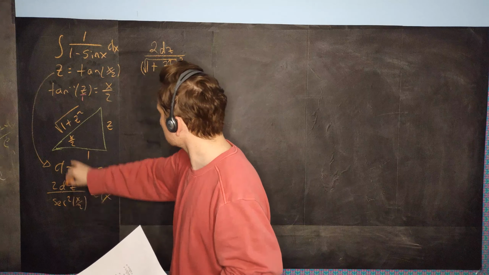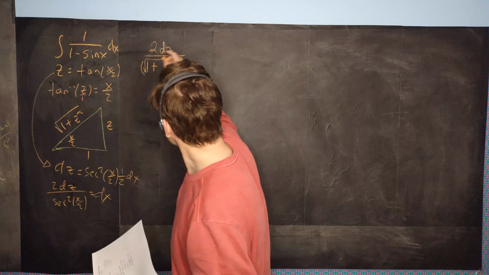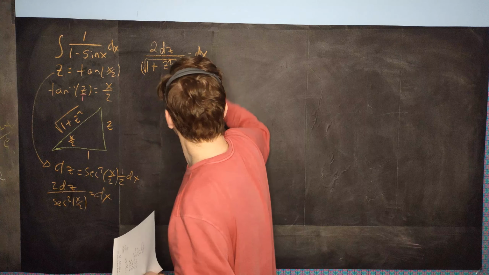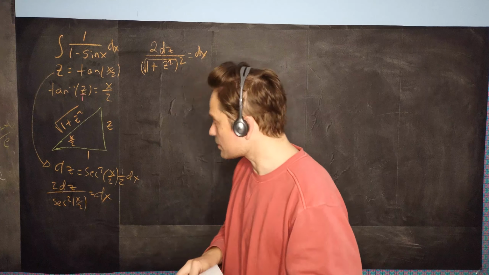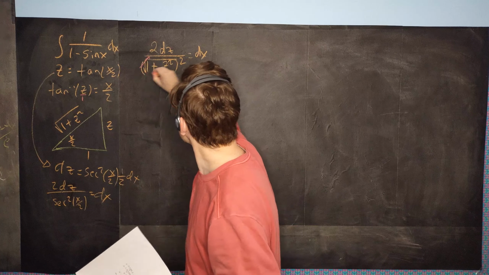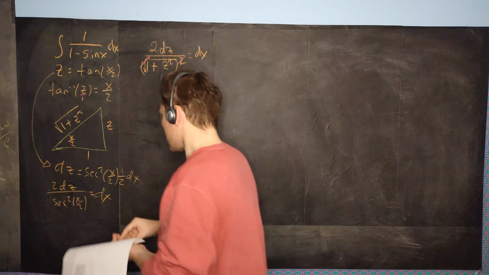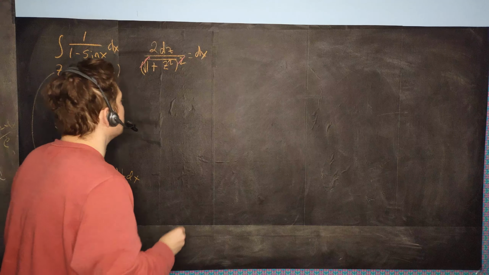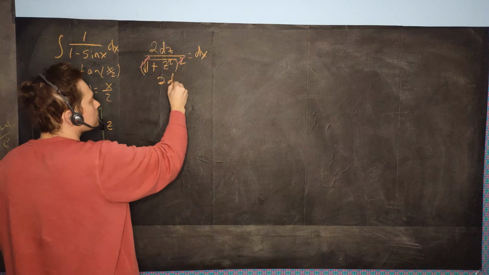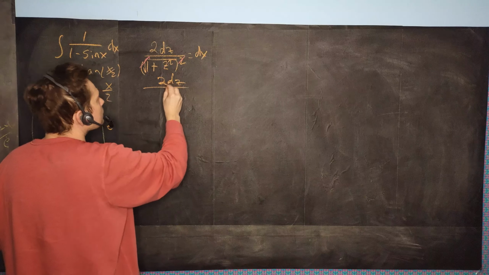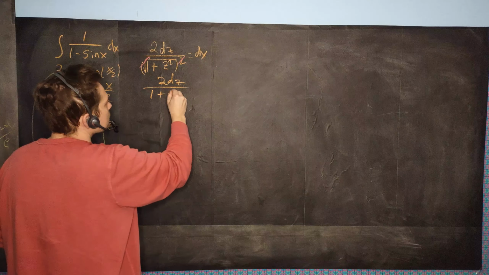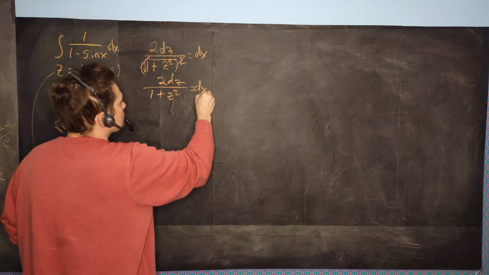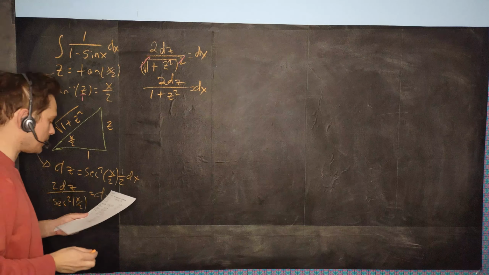So replacing secant with this, and then the 2, this is equal to dx. Now that we know this, of course, we can cross this off, which means all that we have remaining is just 2 dz over 1 plus z squared as dx. Okay, so we've made that step happen.